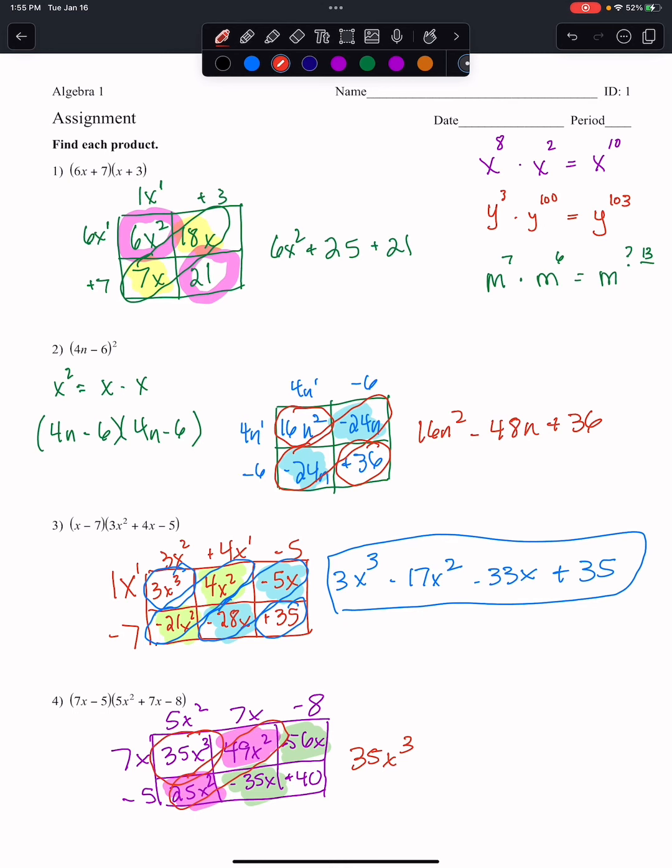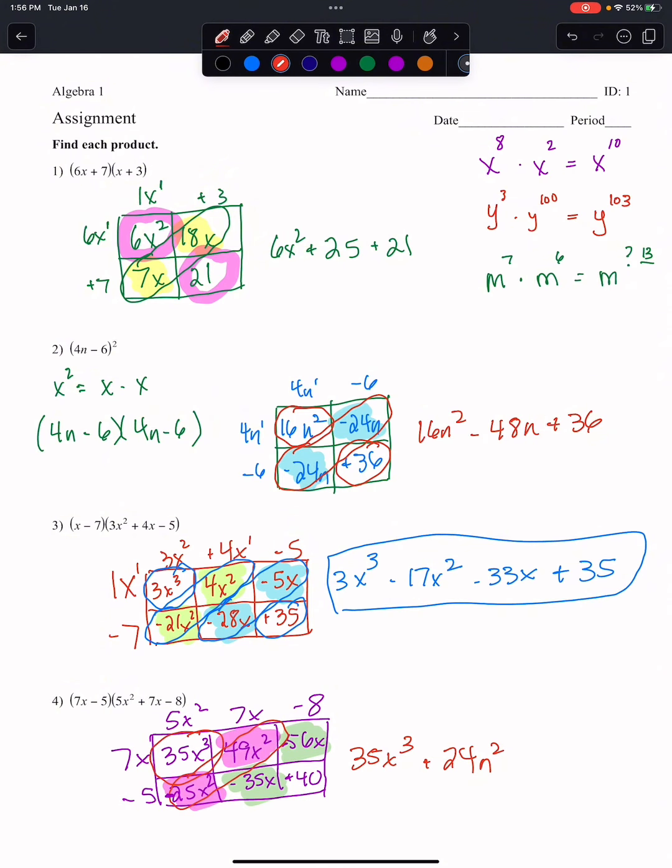Oh, wait a minute, I forgot a sign. Negative 5 times 5 is negative 25. Thought something looked funny. So 49x squared minus 25x squared is going to be 24x squared.